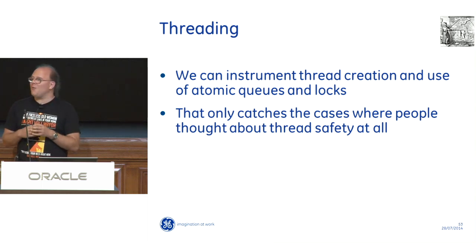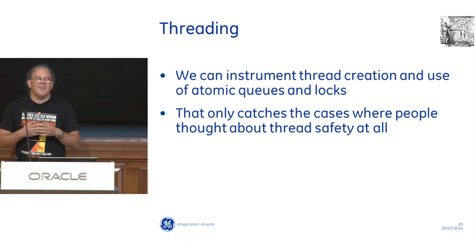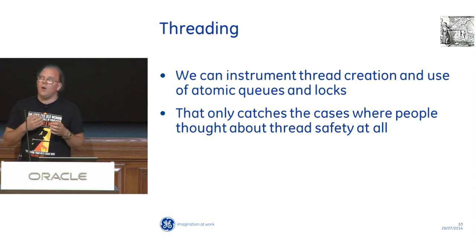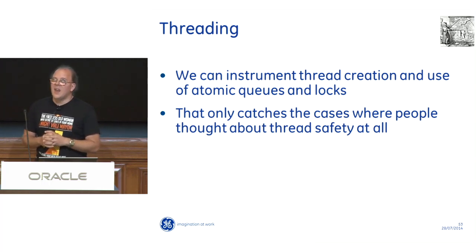All the bad cases are where people wrote code without any thought of threading at all, just setting global variables or slots or whatever on instances all over the place, and until we put in some really fine-grained instrumentation for global variable access and slot access on individual objects, we're probably not going to be able to help them in tracking that stuff down. It is an area of worry.